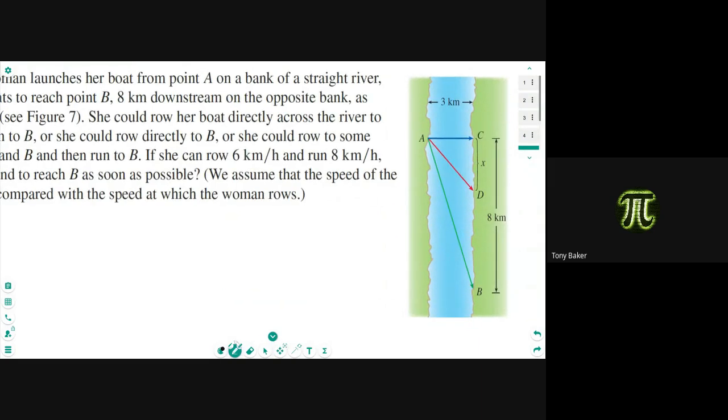So let's say she went from A to C first. That was 3 kilometers, and that's in a boat. So she's rowing 6 kilometers per hour, right? So that would take her how long? Yeah, half an hour. And then if she ran from C to B, she did 8 kilometers at 8 kilometers per hour.